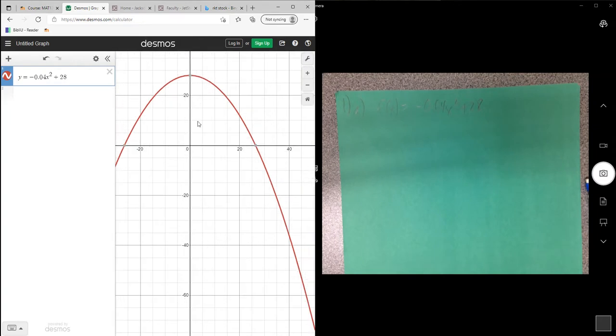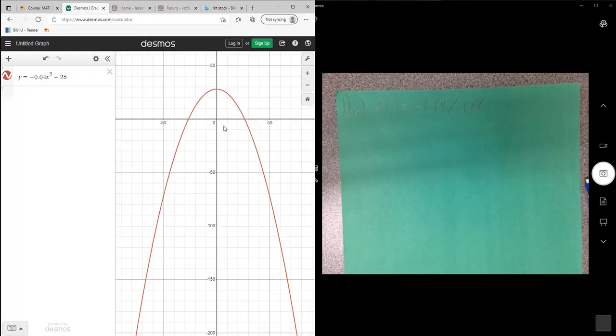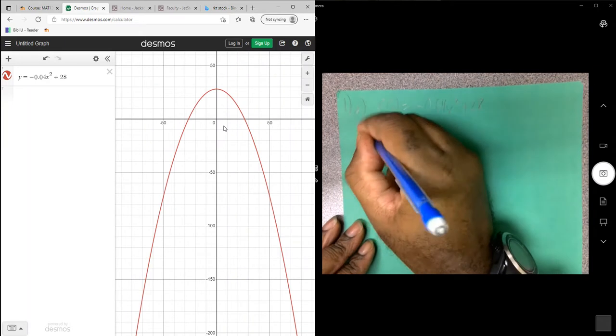We could take a quick look at the graph, and you notice here that we have our vertical intercept as well. So this is where you all could draw a representation of the graph for 1A. Now we go to 1B.